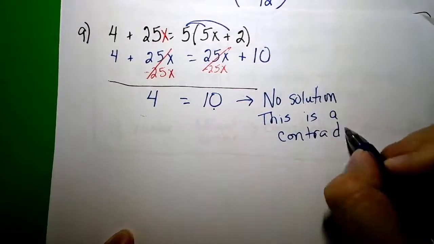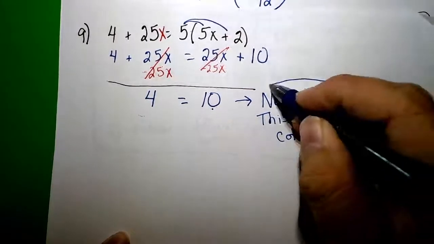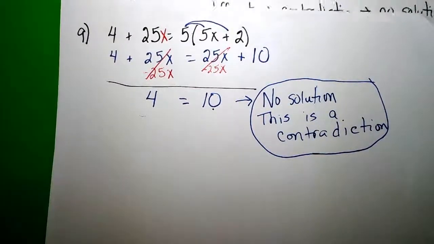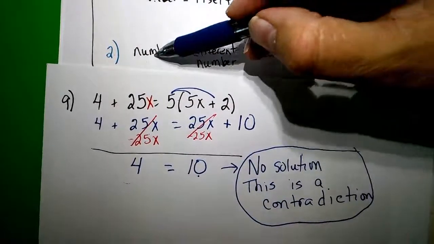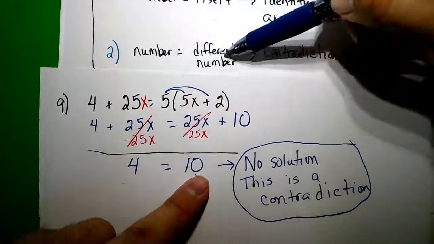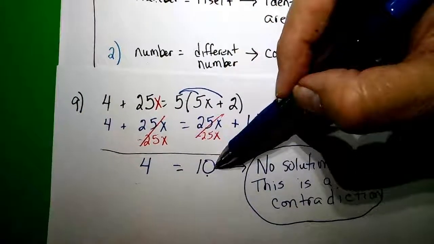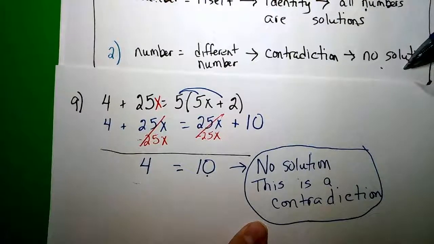Contradiction is what you call an equation that doesn't have any solution. Now let's look back at what I've written right here. If you have a number equal some different number, okay, that's what we have. 4 equals some number other than 4. It's a contradiction, no solution.